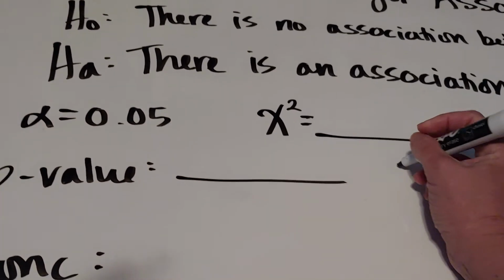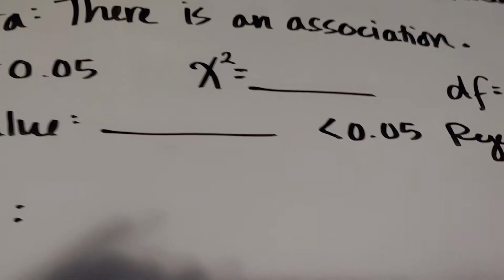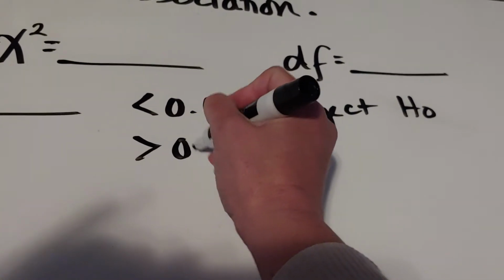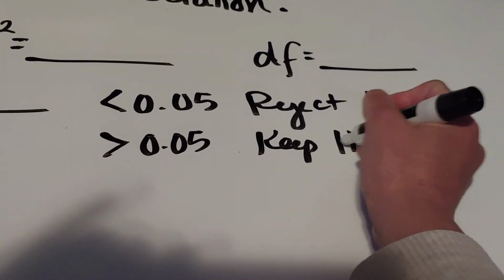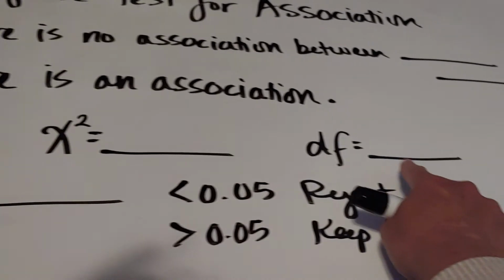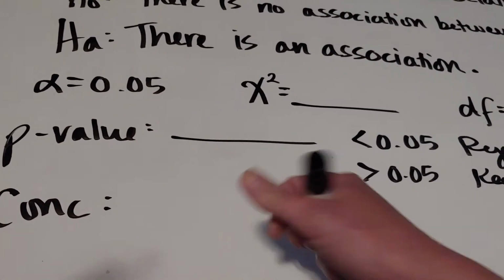If I'm less than 5%, I'm going to reject the null. If I'm bigger than 5%, I'm going to keep the null. Okay, so again, the chi-squared, the degrees of freedom, and the p-value are all going to come from StatCrunch.